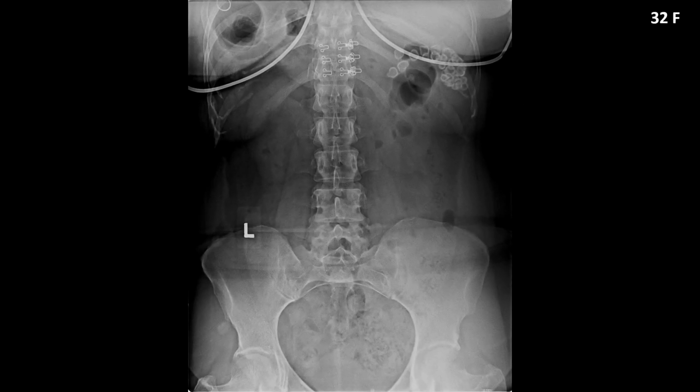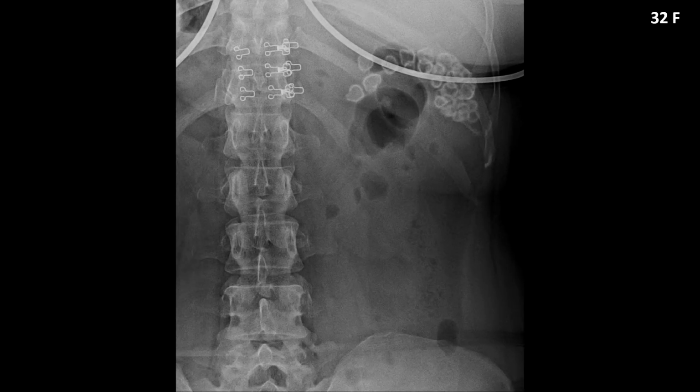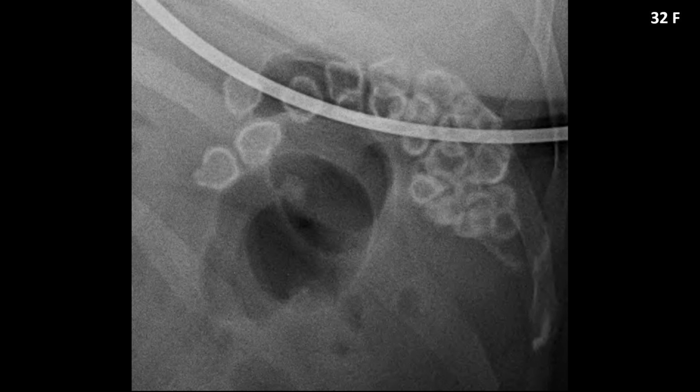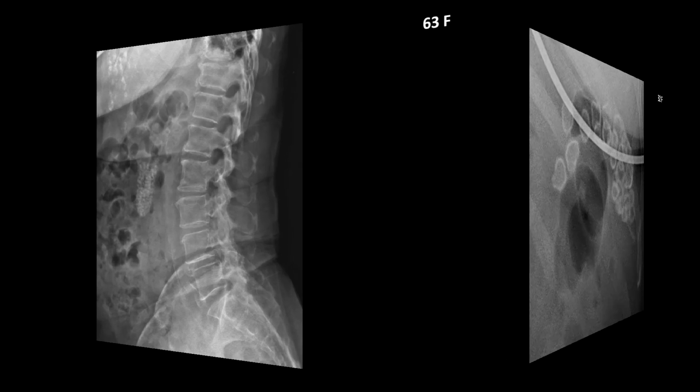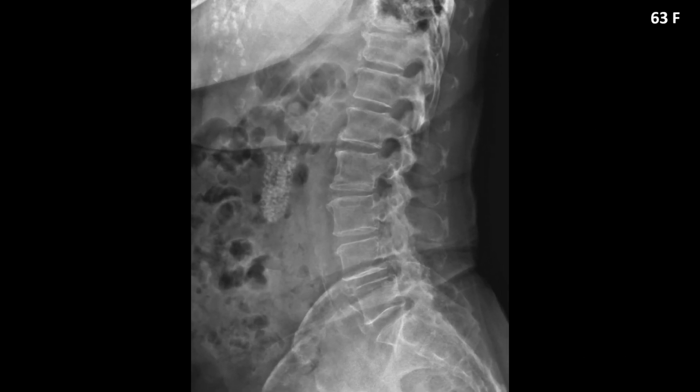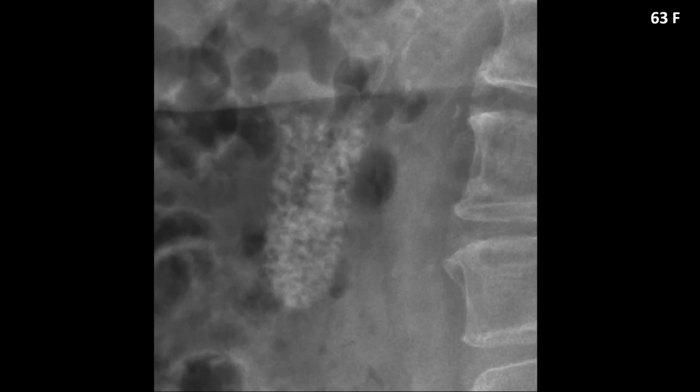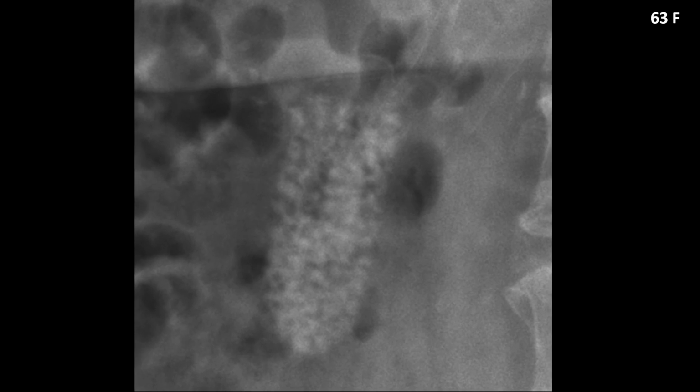There is little else that this grouped appearance of abdominal concretions can be, other than gallstones. This is a 32-year-old female with numerous gallstones. Given her age, there's a high probability that this gallbladder is going to be removed. Here's a great example of the smaller clustered appearance in the gallbladder in a 63-year-old female. This patient was symptomatic and had a cholecystectomy.